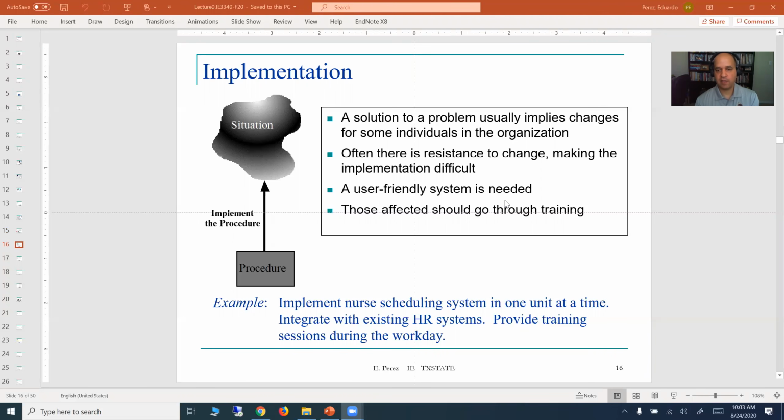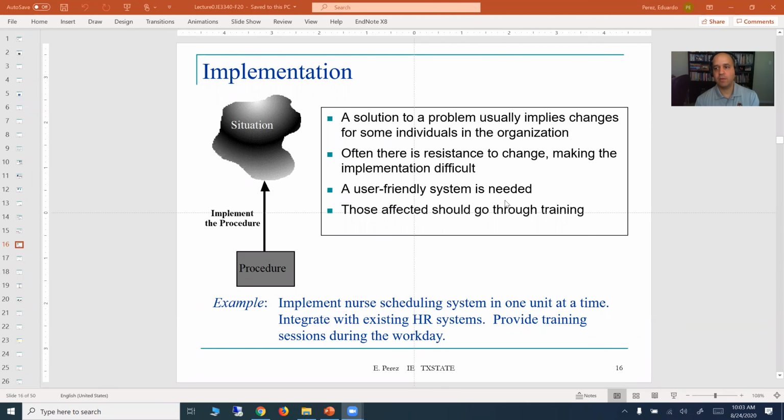So a user-friendly system is needed, and those affected should go through training. Another important thing to consider, which you gain with experience, is to identify those people who you know will make implementation difficult, like those long-timers who have been in the company for 20, 25 years, and who you know will make your life difficult after you come up with a solution.